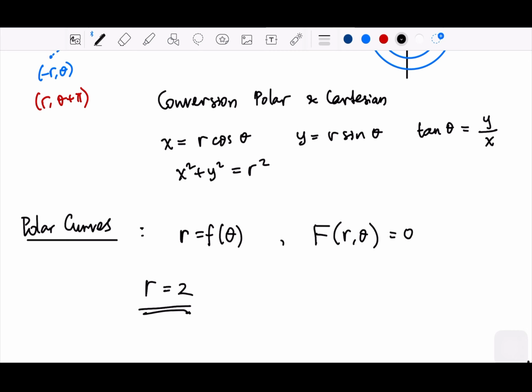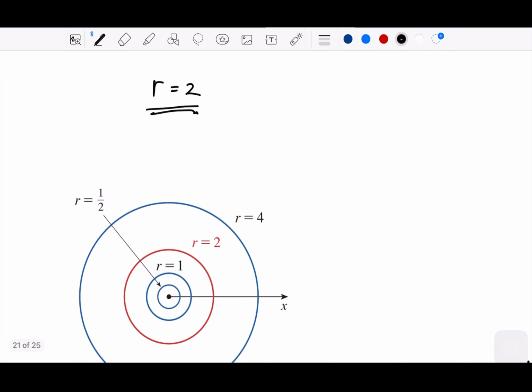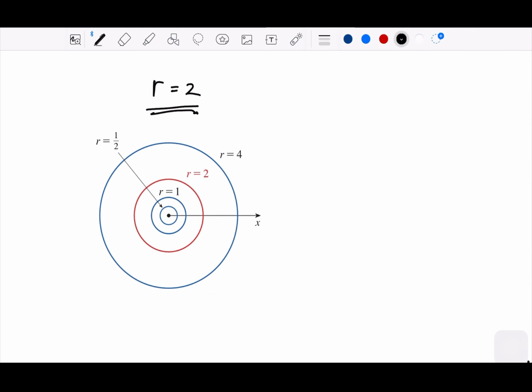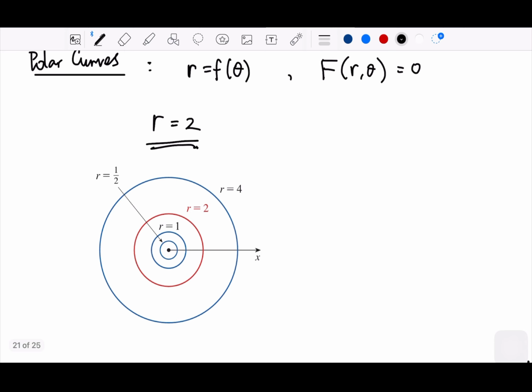It doesn't necessarily have a variable in angle, which means it will be circling around. So this is very basic. This is r equal to 2, so we just draw a circle right now.